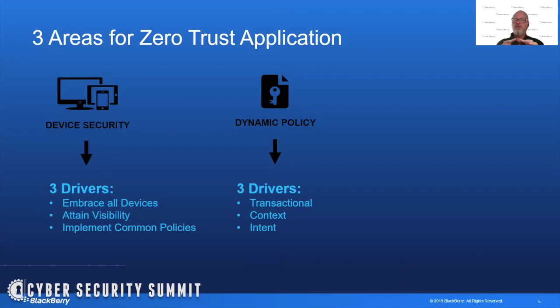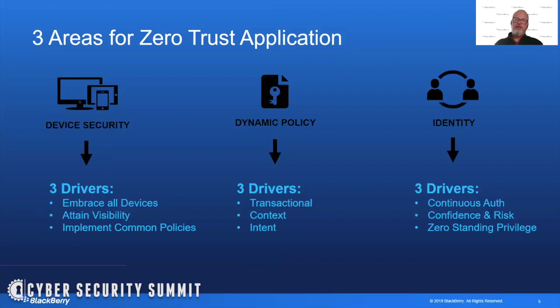So this is where I need to get where my security policy is concerned. It needs to be transactional, taking into account the context of a transaction and also the intent of that transaction in order to allow it or disallow it at the point of transaction. Not at the point of establishing a session or a connection, but at the point of transaction, am I going to allow that to occur?